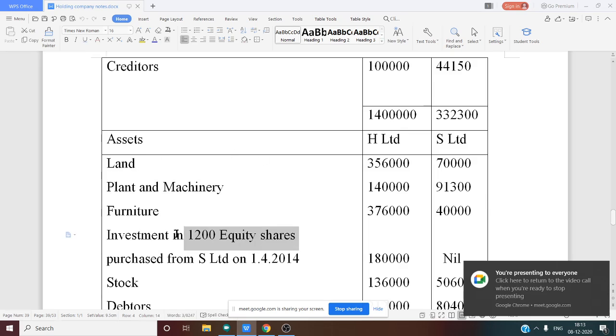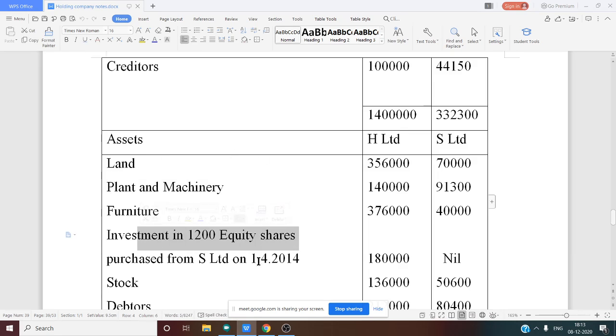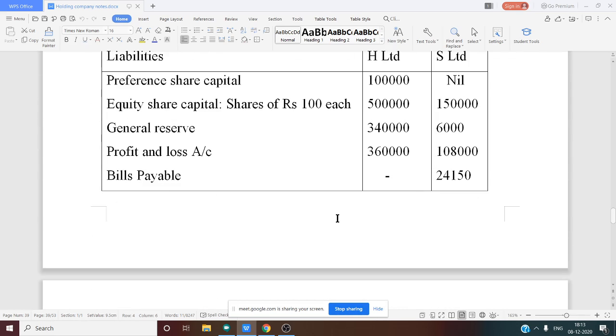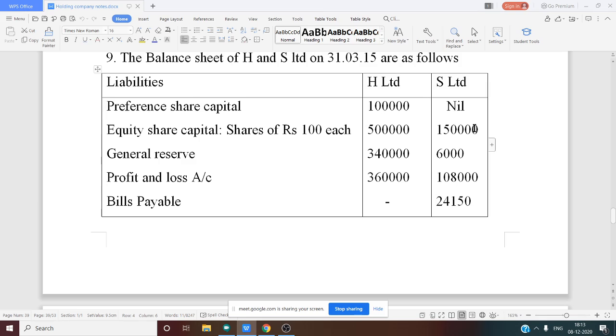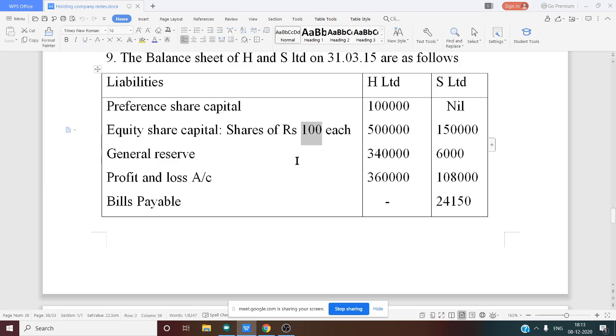Investment in 1200 equity shares purchased from S Limited. So here the holding company purchases 1200 shares in the subsidiary company. So we want the total number of shares. The equity share capital of the subsidiary company is 1,50,000 and the paid up value is 100. So 1,50,000 divided by 100, what is the amount?